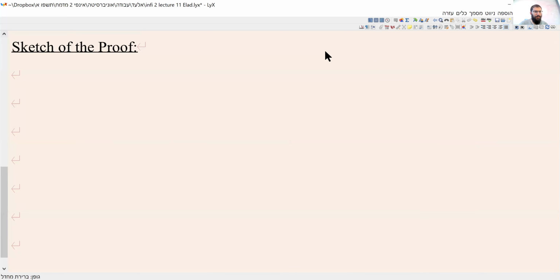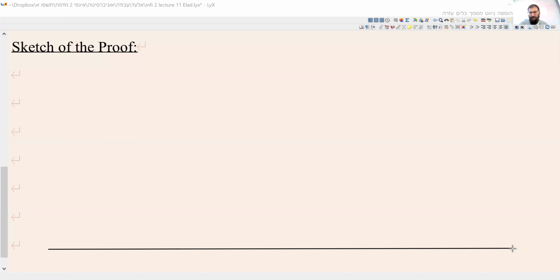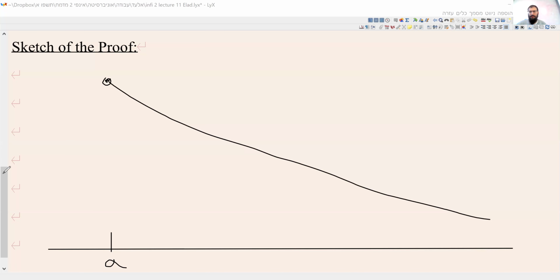Let's say that we have the x-axis, and the point A here, and the function f is decreasing. So with black, I draw the graph of the function f.